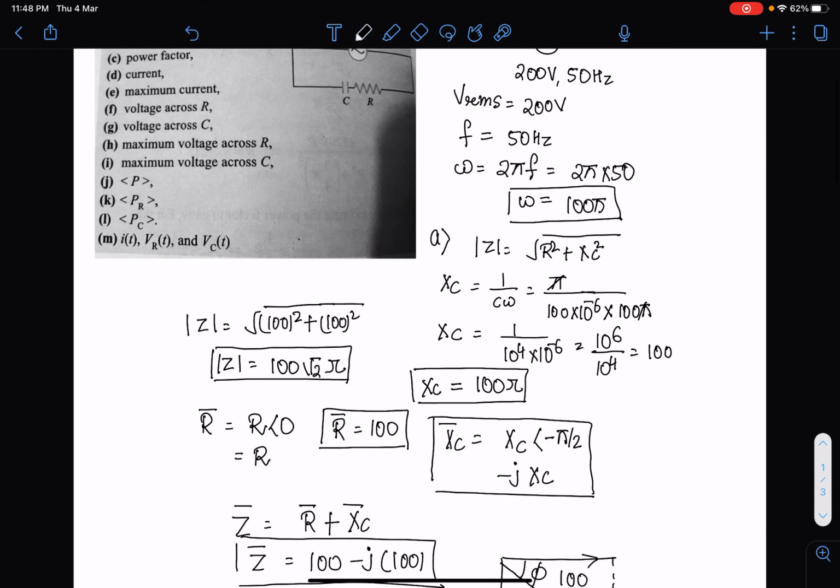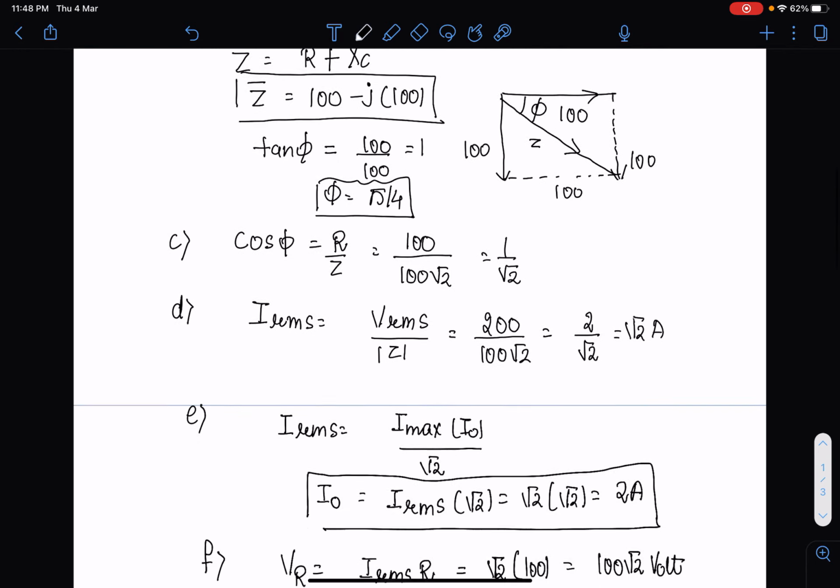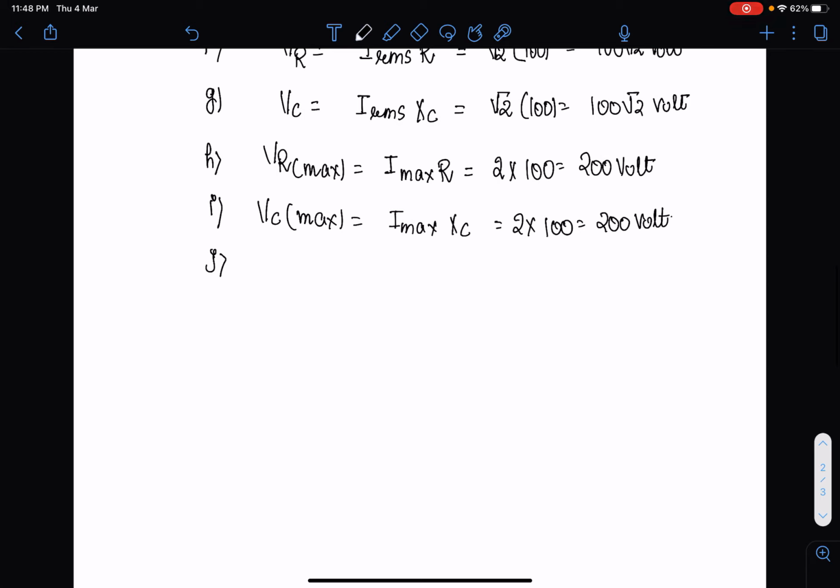We have to calculate the average power in this circuit, P average. So average power in this circuit we can write as VRMS into IRMS into cos phi. This is the formula for average power in any AC circuit.